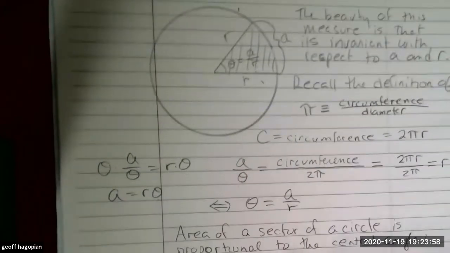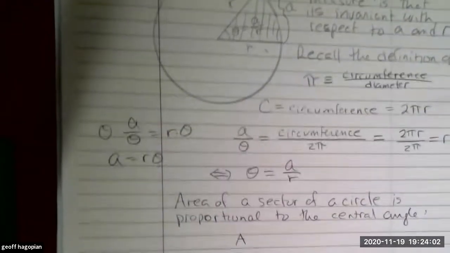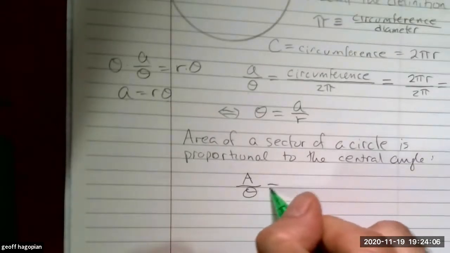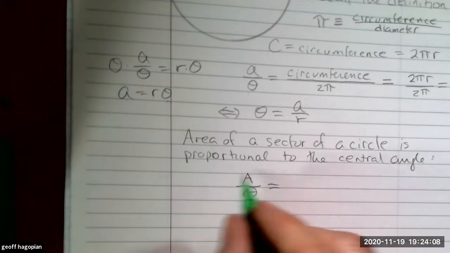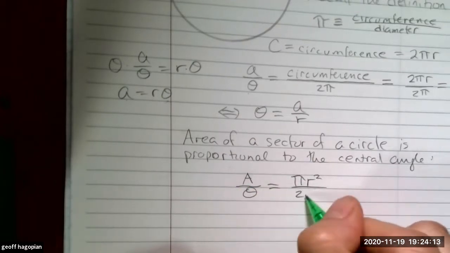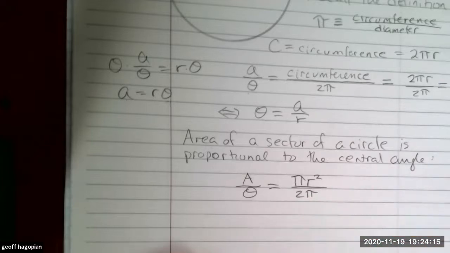And so what I mean by that is that the area of the sector, let's call that capital A, is to theta in the same way that the area of the whole circle, which we know is pi r squared, is to 2 pi. Right, because that's the whole way around.